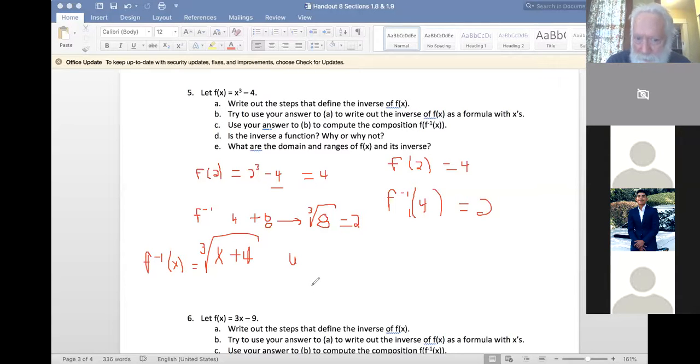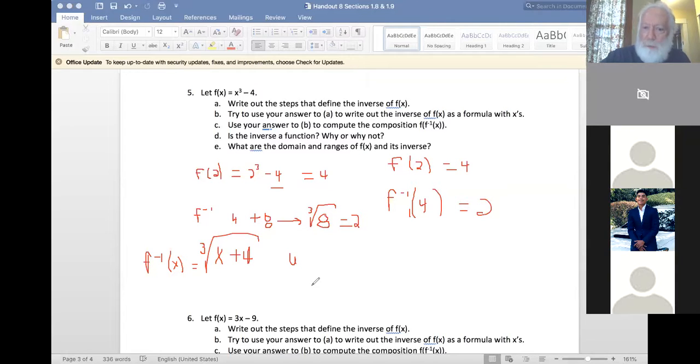Does that make sense? Yeah. Now, when you take a cube root, there's only one cube root, whereas for square roots there are 2, because negative times negative is positive. So a square root of 4 could be 2 or minus 2. That doesn't happen with a cube root, because if you have 3 minuses, you end up with a minus, and if you have 3 pluses, you end up with a plus.